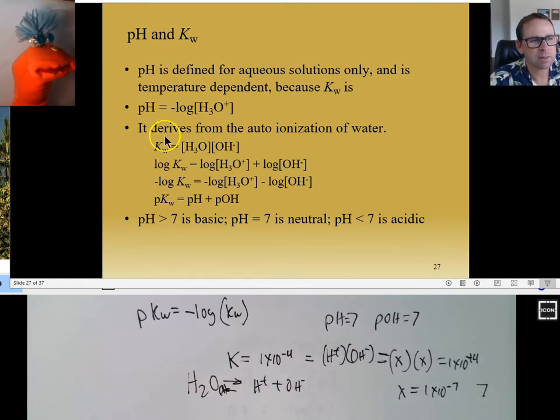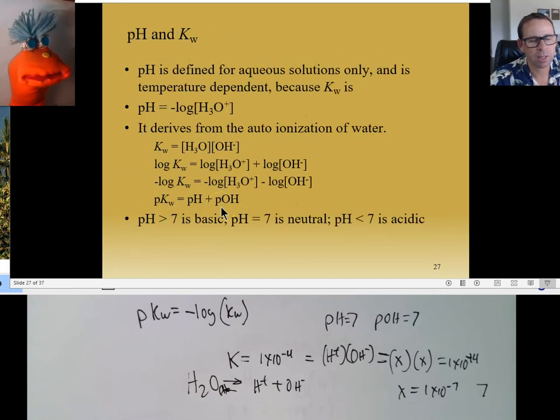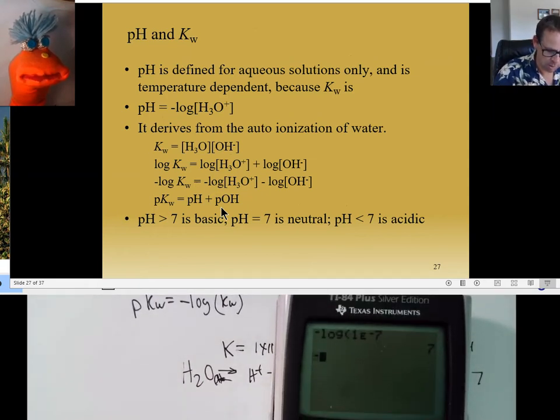KW is this value, right? Did we see it with the previous one? Here it is right here. KW is 1 times 10 to the minus 14. We wrote it down right here, right? So pKW is what? Negative log of 10 to the minus 14? That's right. So let's put that into our calculator here. Negative log of 1 times 10 to the minus 14. 14.